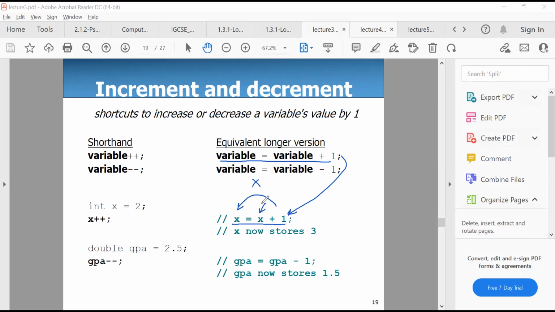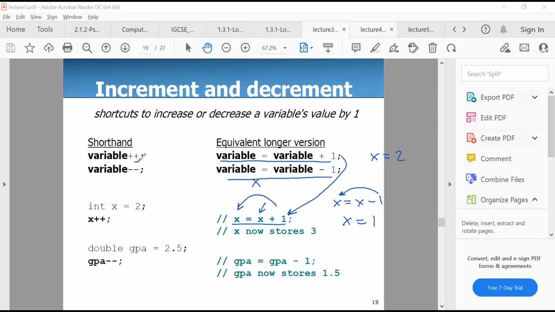I think we have seen that together, right? Okay, and then it means the opposite is also possible. So we are able to say x equal x minus 1. So if x initially equals 2, it will subtract 1 from this 2 and store the remaining into x. So x becomes 1 at the end. So yeah, these two forms are also possible.